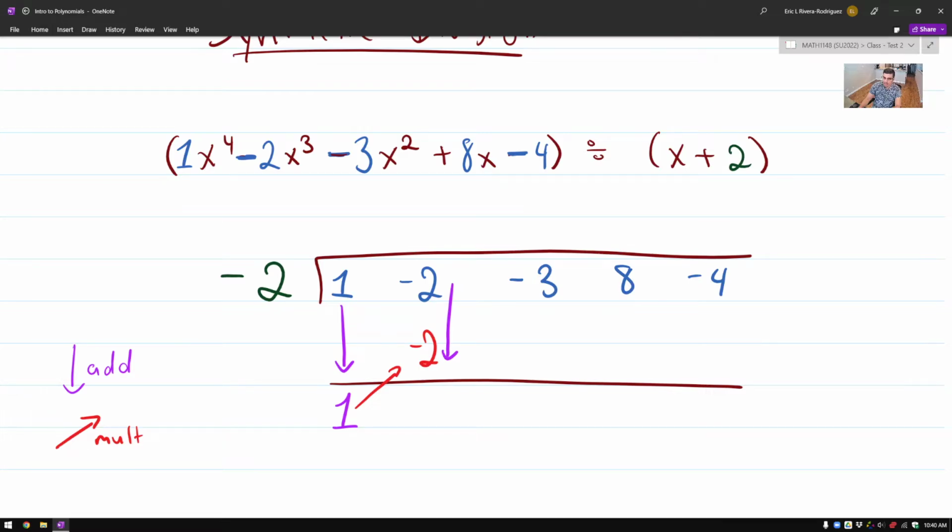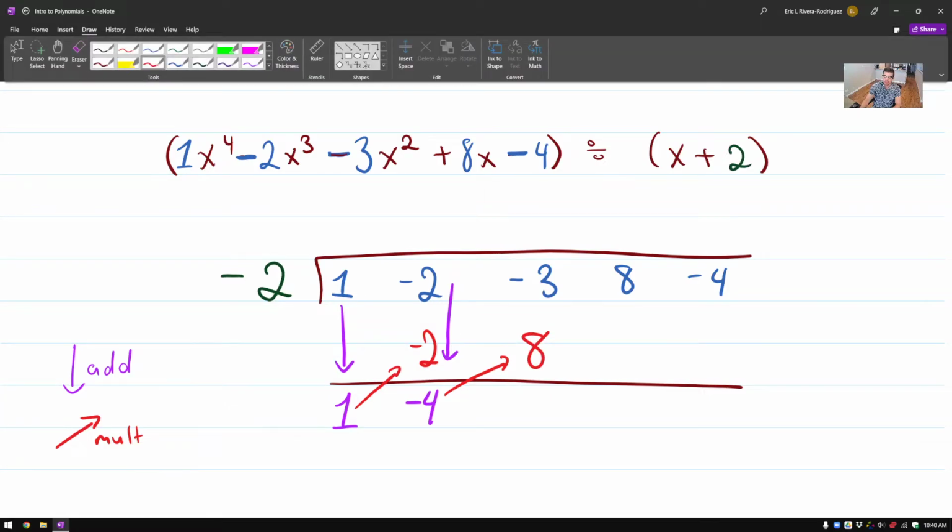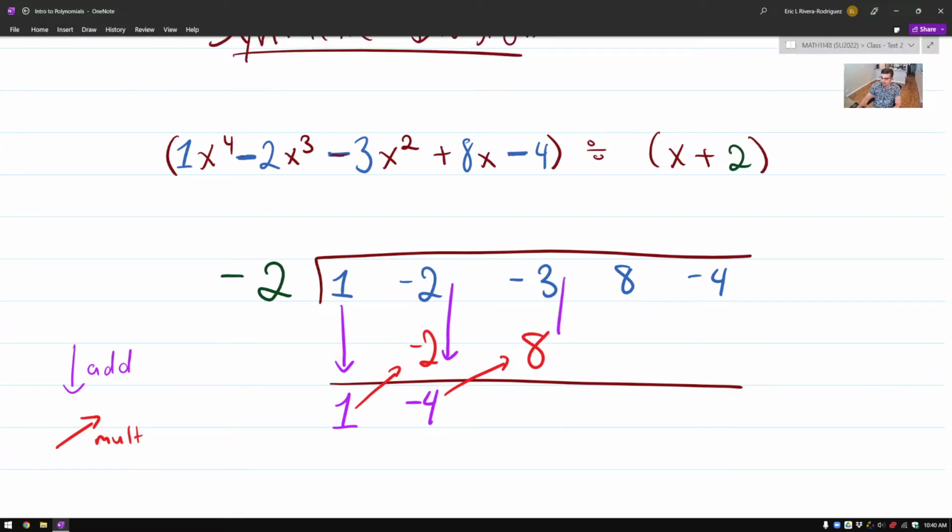And now we have -2 and -2 in that line. So we are going down and the value is going to be -4. We go up and we multiply -4 times -2, that gives us +8. We go down again. -3 plus 8 is +5.